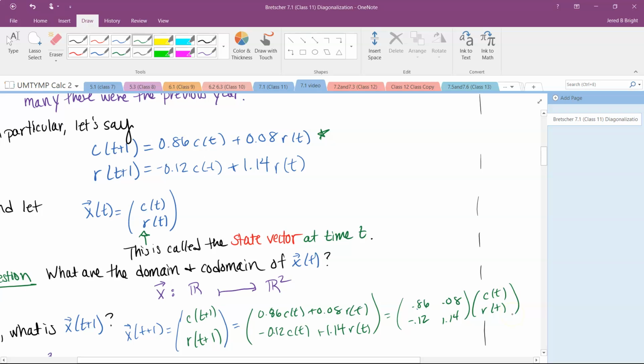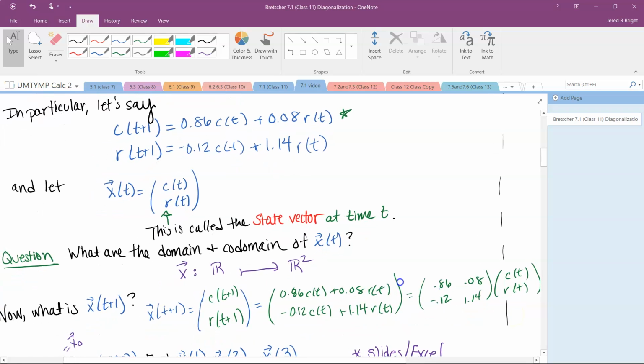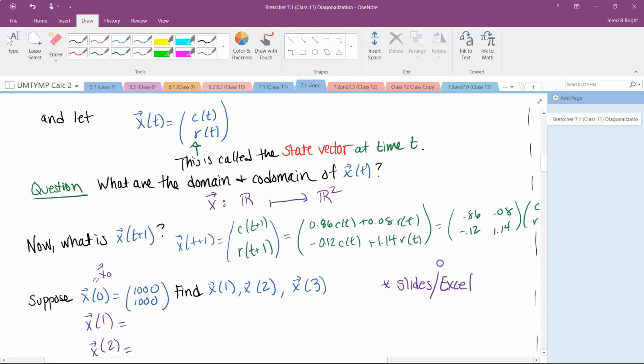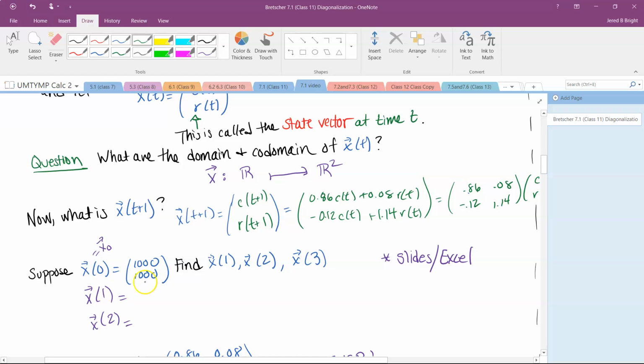Okay, so that's fine. Now we've determined an algorithm. Now let's actually do the calculation. So x of 0, we're saying we begin with 1,000 of each in the population. And now what happens, what is x1, x2, x3? I trust you can do this calculation.